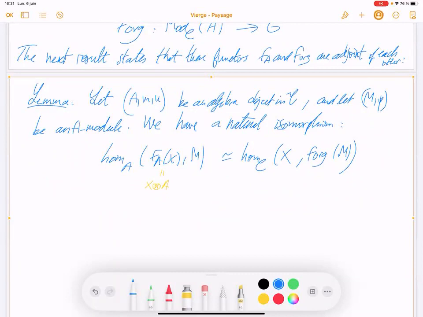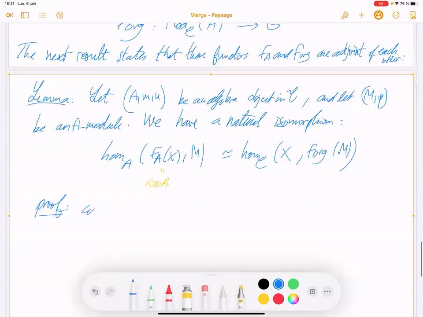Okay. So proof. As I said, the proof will just be to write explicitly the natural isomorphism and its inverse.